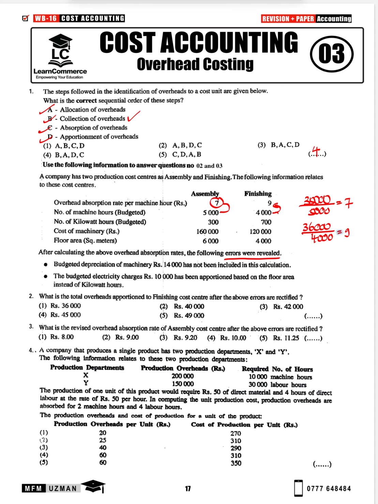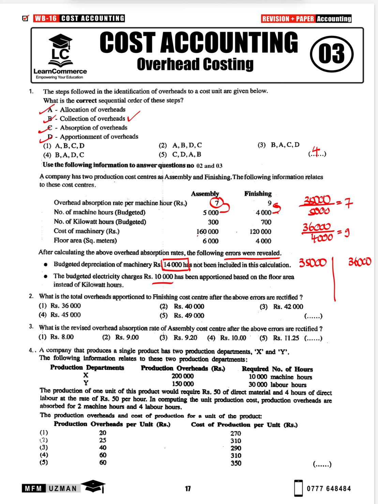Now they are saying the 14,000 depreciation of machinery is not included, and 10,000 has been apportioned based on the floor area. They had given 35,000 and 36,000 for both departments, but now there are some mistakes. They haven't included 14,000. So how should you divide 14,000?